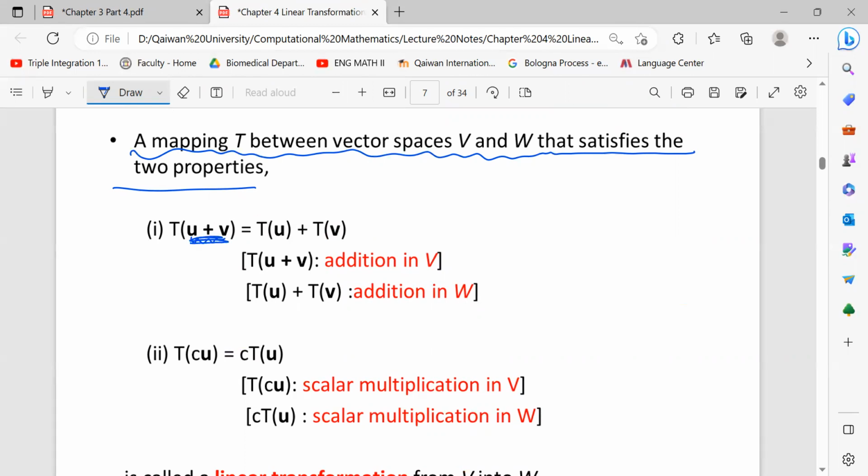So T of U plus V must equal T of U plus T of V. Here we find the sum in V first, then we find its image. But here we find their images, then we find the sum of them in W.